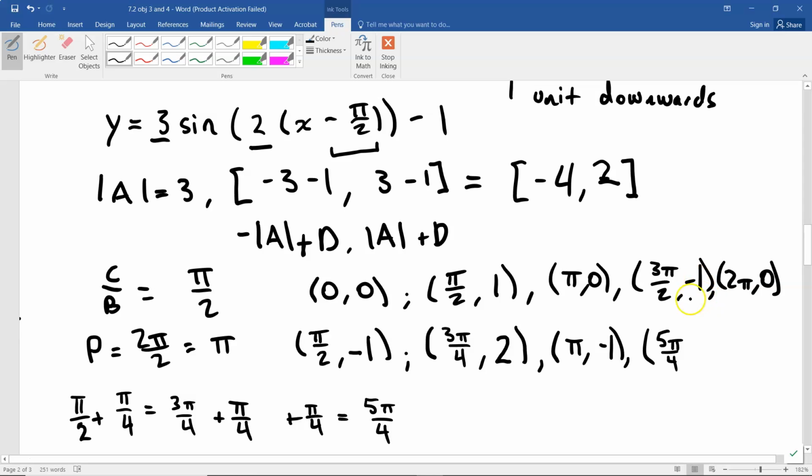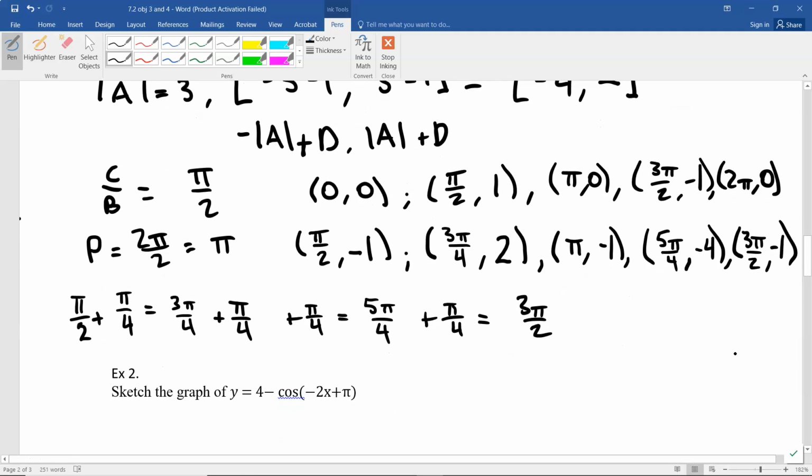And then we multiply this by a and add d to get -4. This right here, our last point, is going to be adding another pi over 4, which is going to give us 6 pi over 4, but that simplifies to 3 pi over 2. And again, our zeros are just going to change to d.